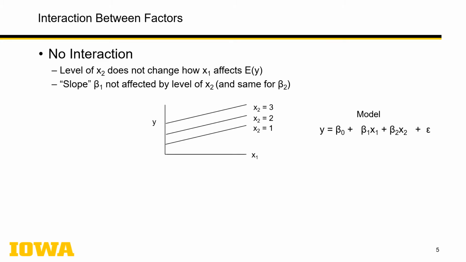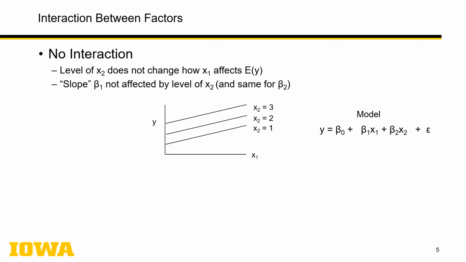Okay, and just to emphasize this one more time, a picture is worth 1,000 words. So here's the case of no interaction. And it occurs when, for example, no matter what you set x2 at, in this case factor b, whatever level it is at, it does not influence how x1, factor a, influences y.